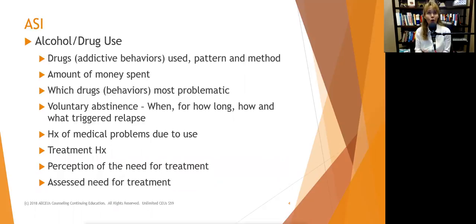I want to know, what is your most problematic drug or behavior, which is usually the addiction of choice, and what are the other ones, just so we know, because if I've got somebody who's addicted to alcohol and occasionally uses LSD and marijuana and is addicted to online gambling, if the only thing I address is the alcohol addiction, we got these other ones out here that are just prime to create a relapse scenario. So we need to make sure that we're aware of what's going on.